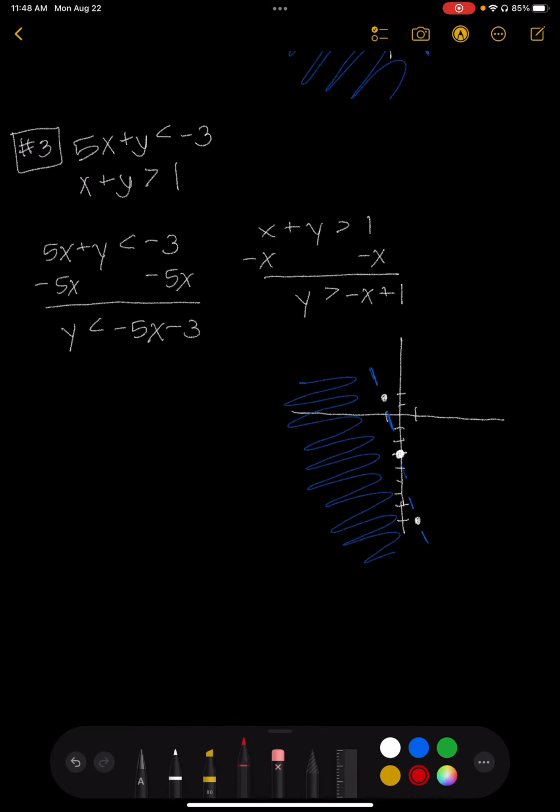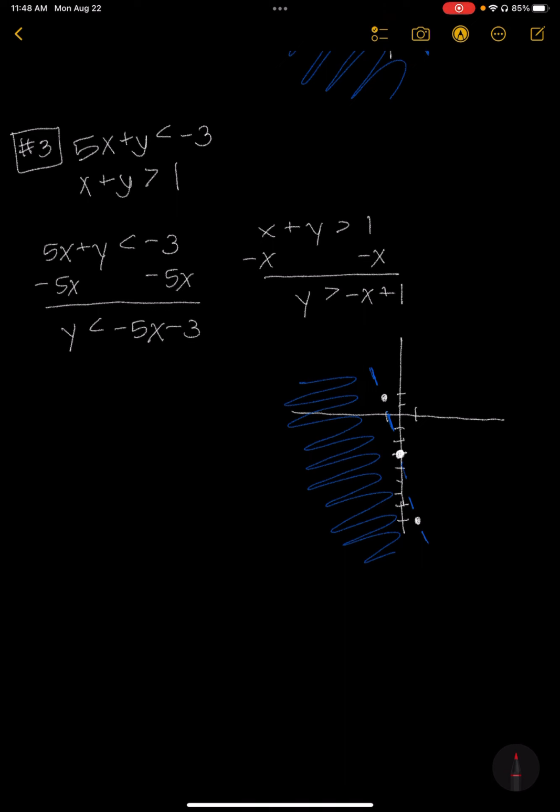All right, now let's graph the other one, which is y is greater than negative x plus 1, which means we start at a positive 1 for our y-intercept. It's a negative 1 slope, which means I go down 1 and to the right 1. I could also go up 1 and backwards 1. So there are our points. It's not a greater than or equal to, so it's a dotted line again.